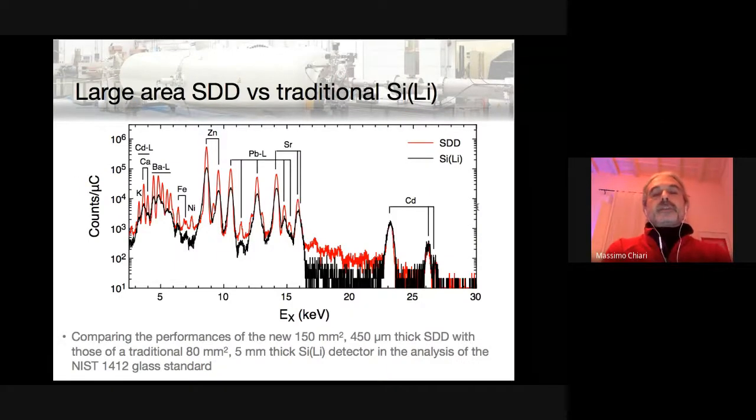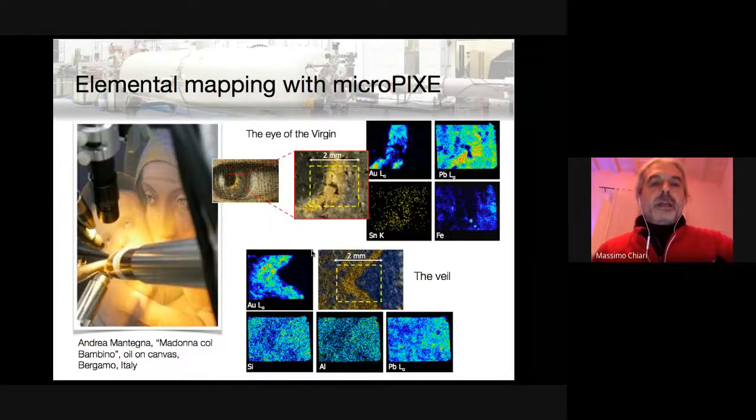You see here, for example, a comparison of the spectra of glass reference samples with these two detectors, and you see indeed the better energy resolution of the SDD allows you to better separate all the lines, especially when you have a cluster of lines, like, for example, L lines of high Z elements. And even though the count rate was such that you have some pile-up effects, it will not destroy the readability of this spectrum.